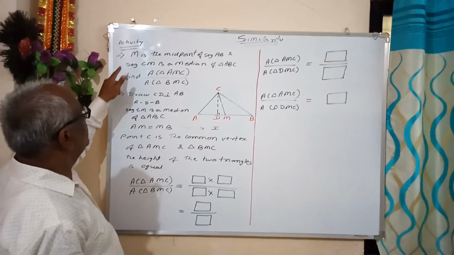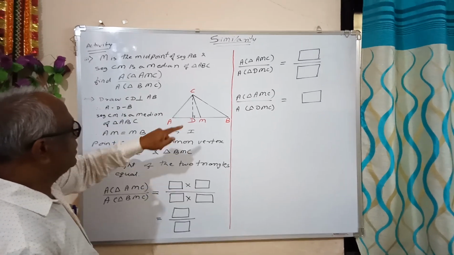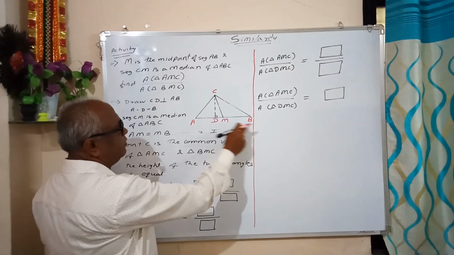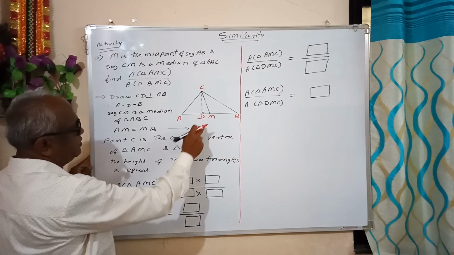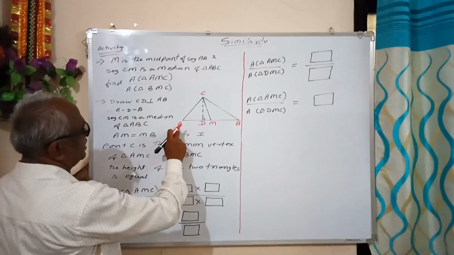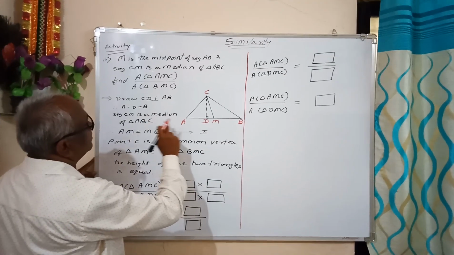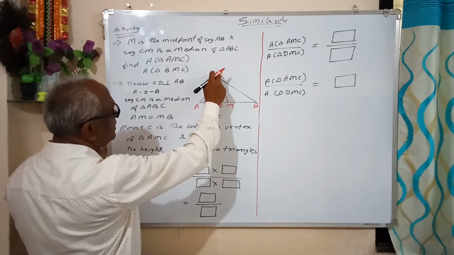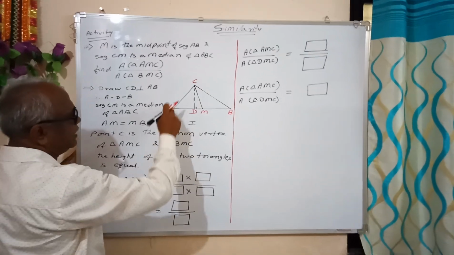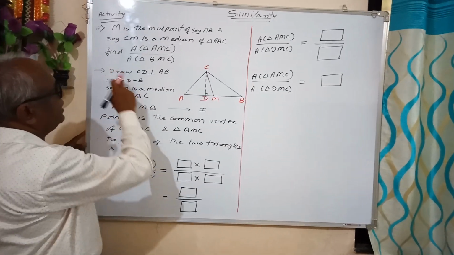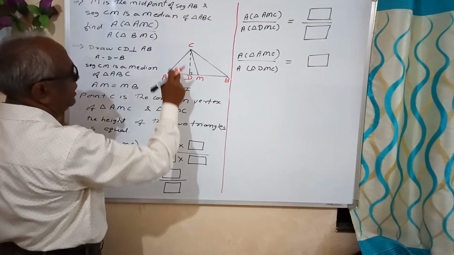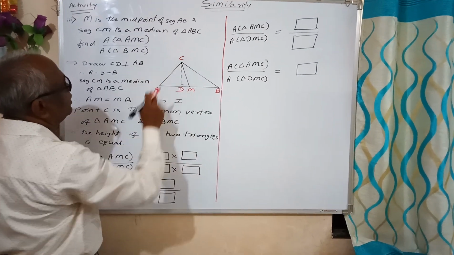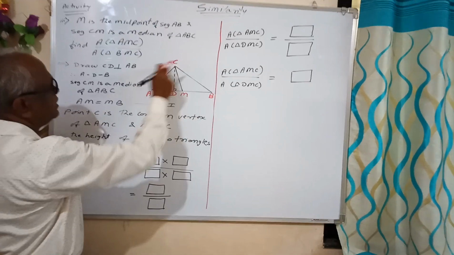Now third activity: in the given figure, triangle ABC, M is the midpoint of the segment AB and CM is a median of the triangle ABC. Find area of triangle AMC upon area of triangle BMC.